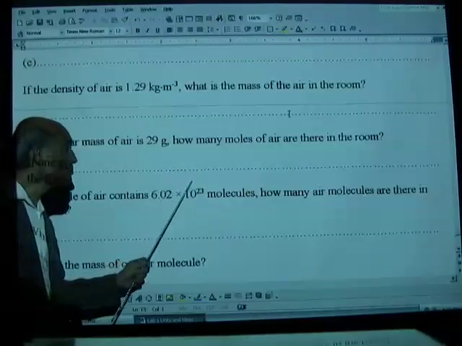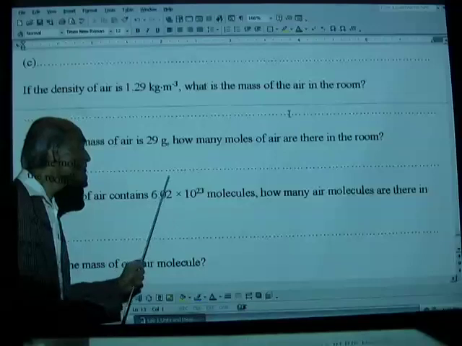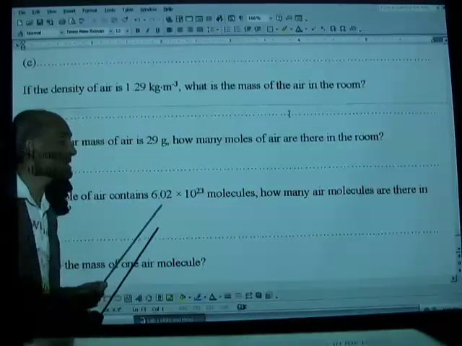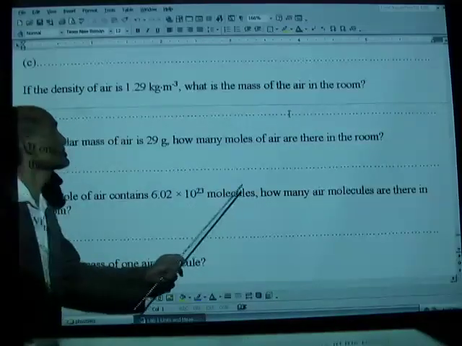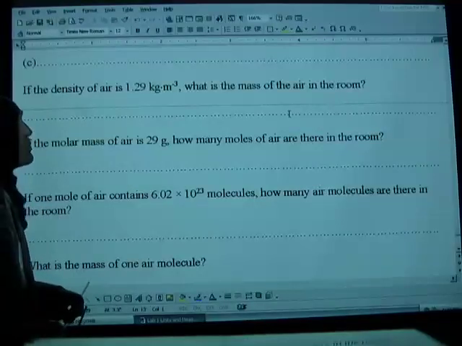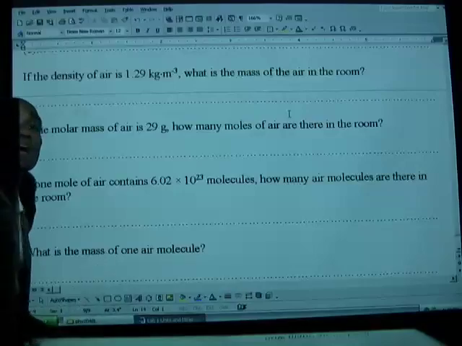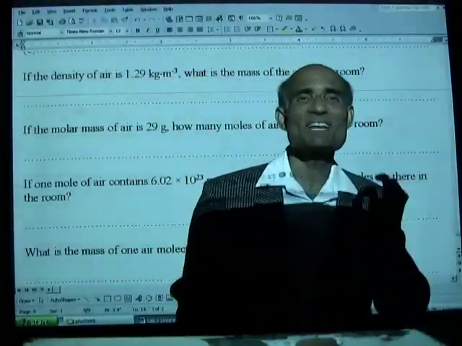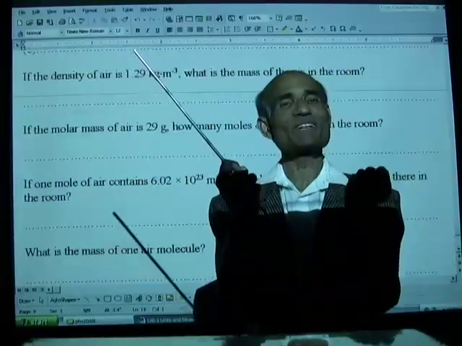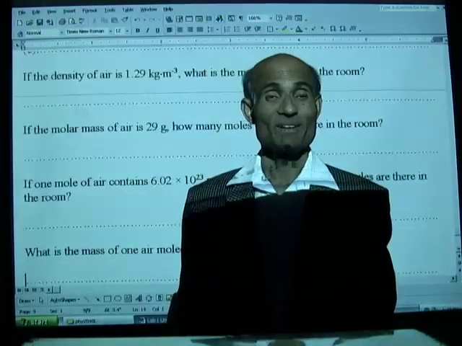Alright, and each mole, if you've done chemistry, which most of you have, I think, if each mole of air contains 6.02 times 10 to the 23 molecules, then how many air molecules are there in the room? Alright, you can do that on your own. And from that, calculate the mass of 1 air molecule. You see how simply you can calculate the mass of 1 air molecule.